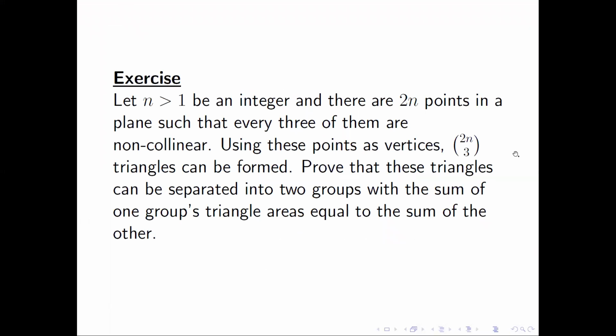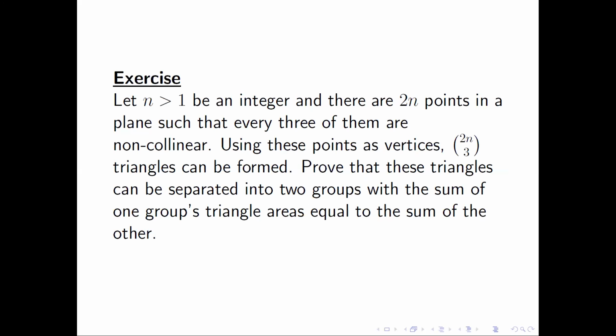I have one exercise. Let n be a positive integer, and there are 2n points in the plane such that every 3 of them are noncollinear. Using these points as vertices, 2n choose 3 triangles can be formed.